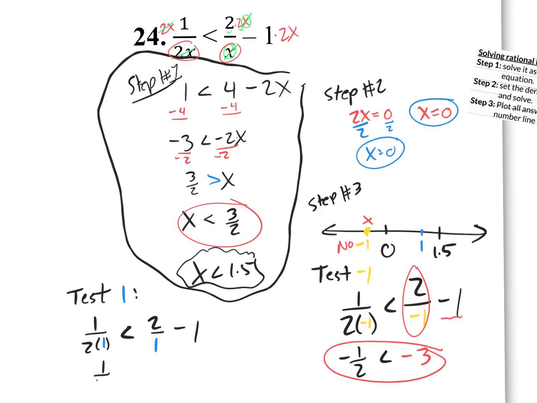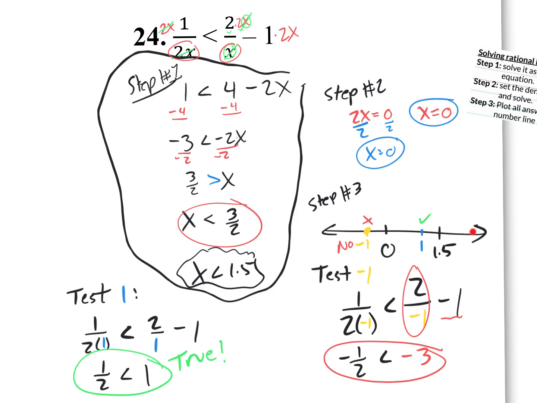And again, you could use a calculator if you want. You get a less than. And right here, 2 over 1 is 2, and 2 take away 1 is 1. So the question is, is 1/2 less than 1? Yes, it is. That's true. So we should be able to say that, yes, the area in between 0 and 1.5 works, so my answers must be in here.